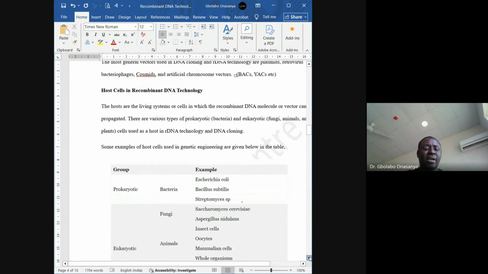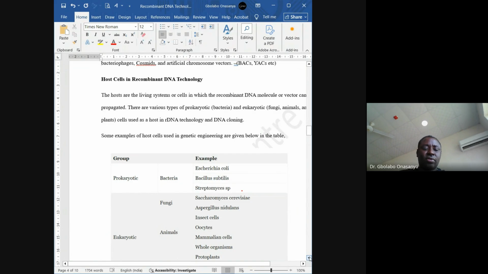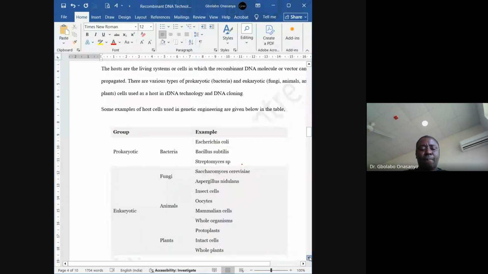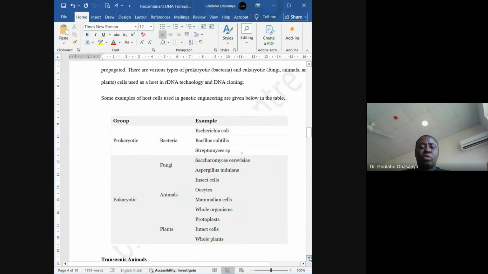And we have insect cells. In animals, we have oocytes, mammalian cells, whole organisms, and protoplasts. In plants, we have intact cells and whole plants. These are what we can use as host organisms in cloning.